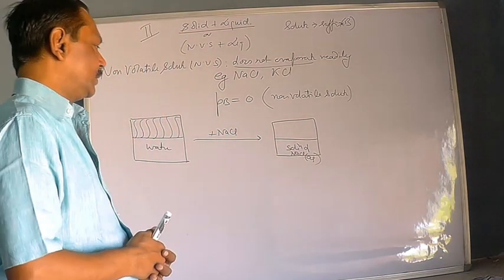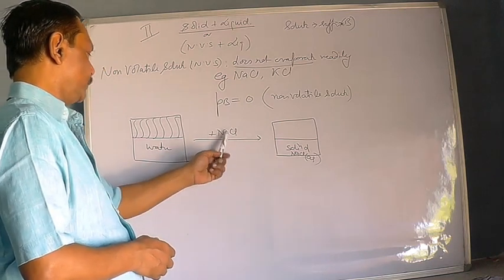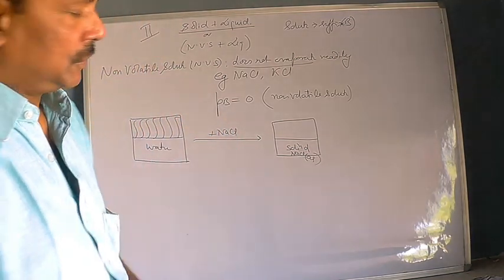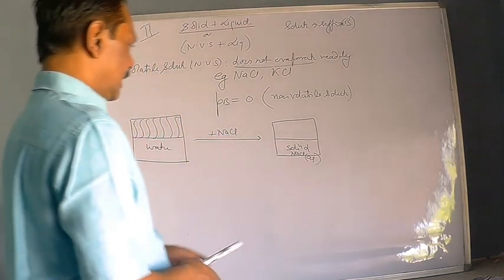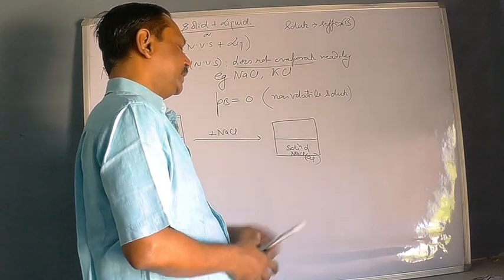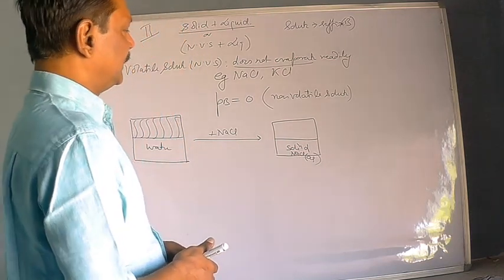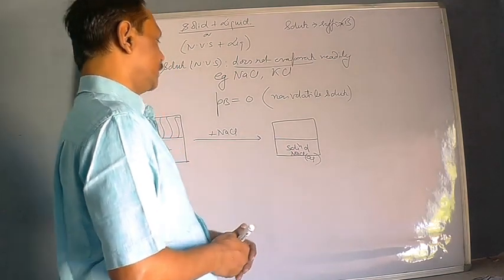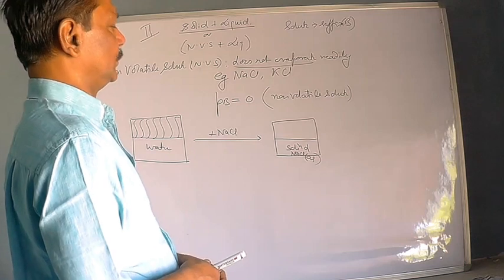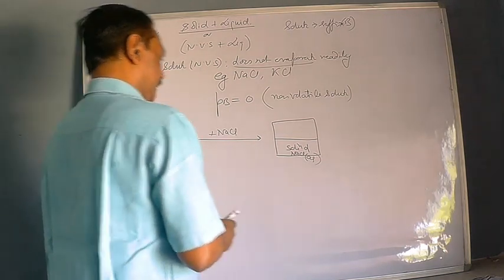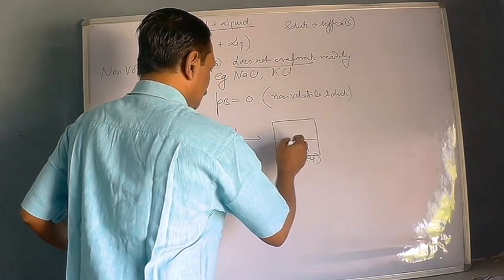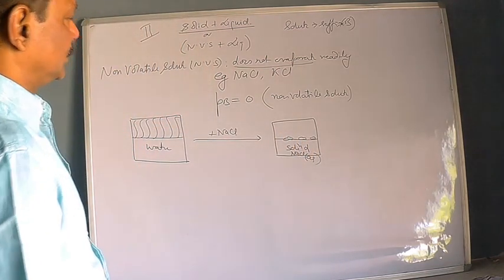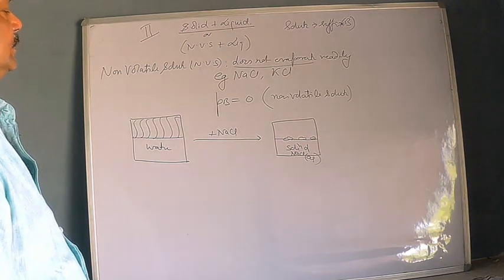Now class, the question comes to our mind: if we add sodium chloride in water, definitely the water is going to be salty. The water will be salty everywhere. Either you consider here, everywhere the water will be salty, and at the top of the solution, again the water will be salty. So some solute particles have arrived on the surface also, because as soon as you drink this salty water, you find the water is salty.